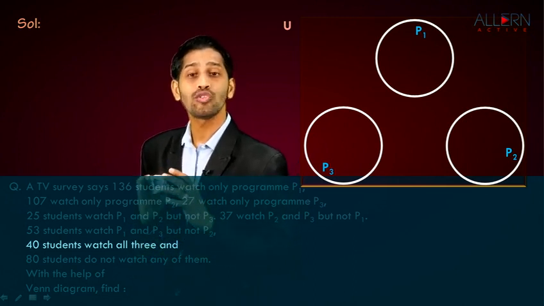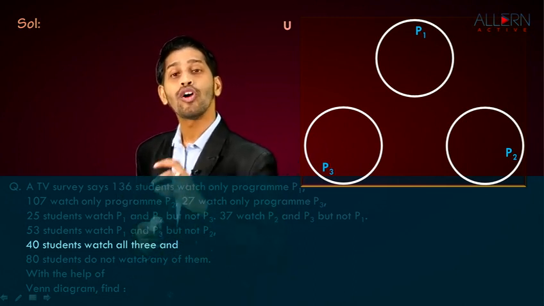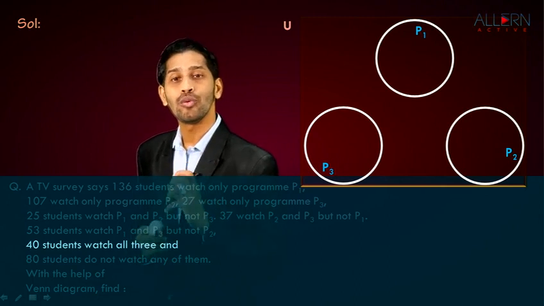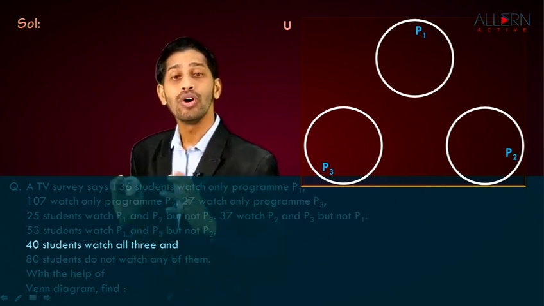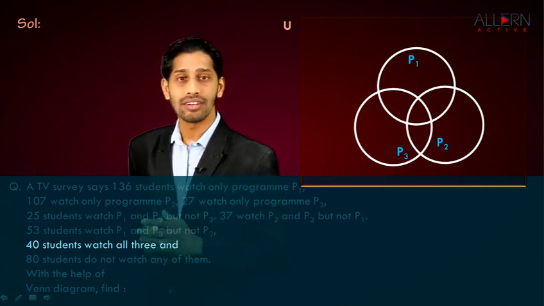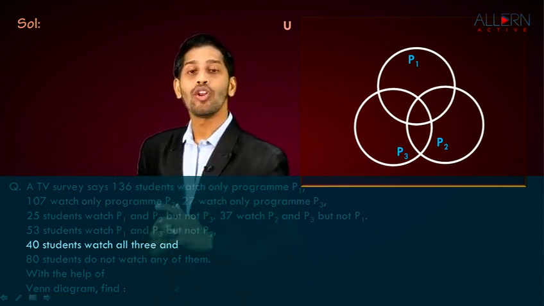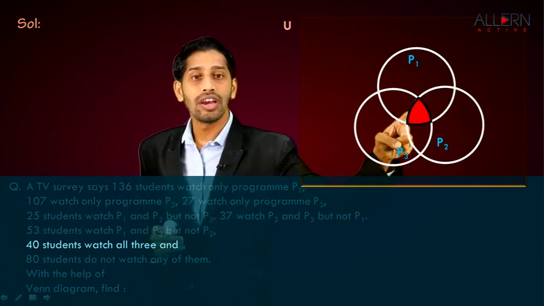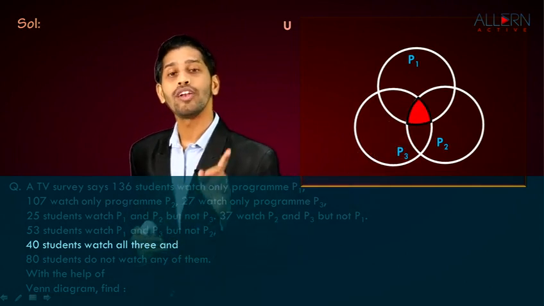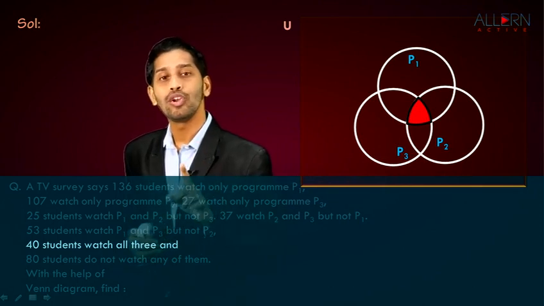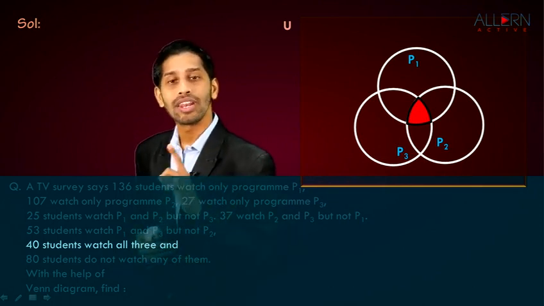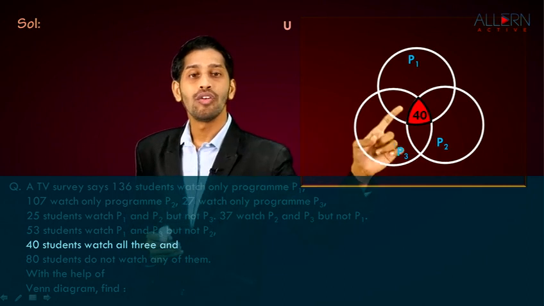That means 40 students belong to program P1 as well as P2 as well as P3. So we intersect all three circles to get a common part, and we write the value of that portion as 40.